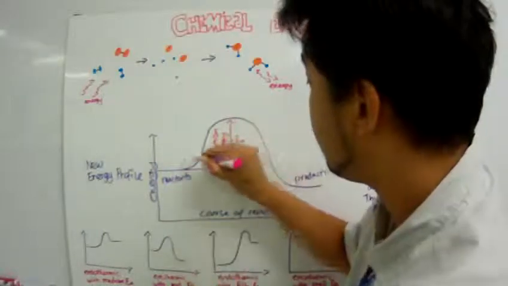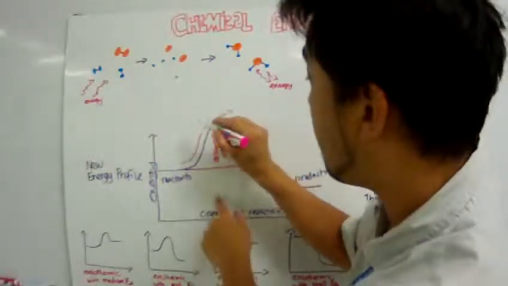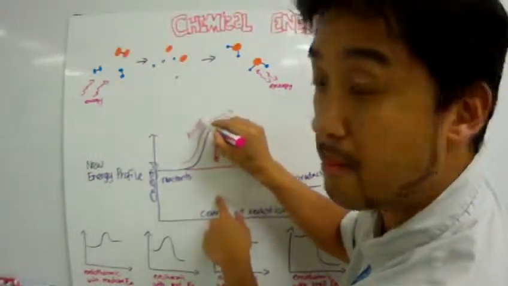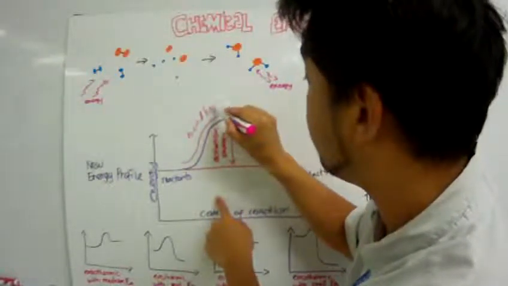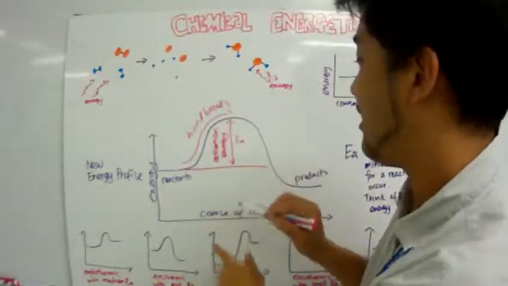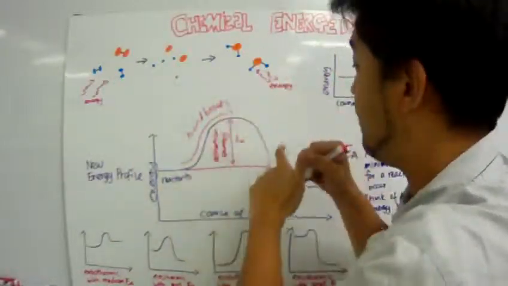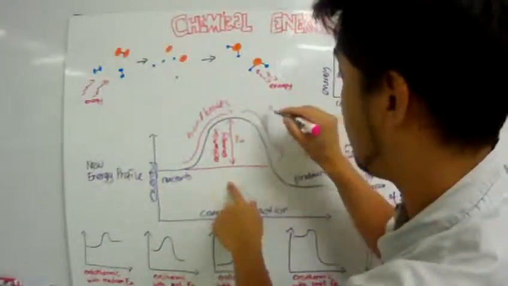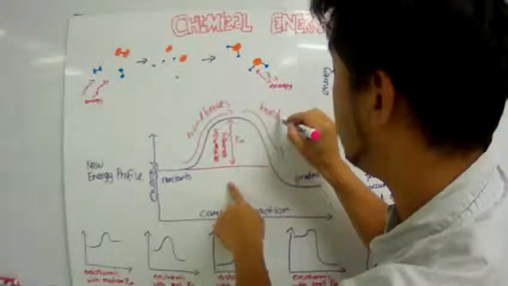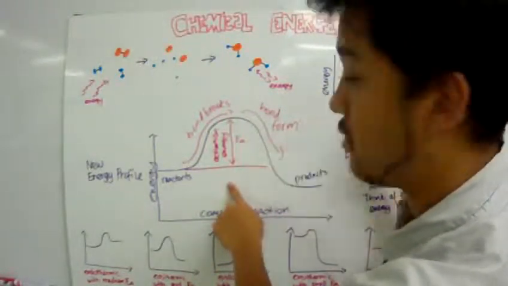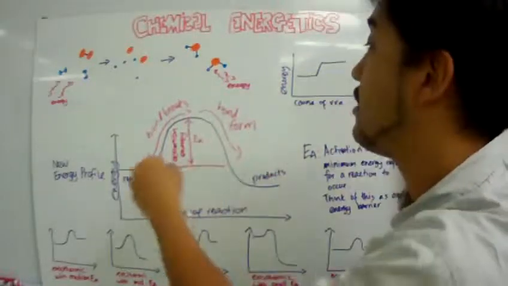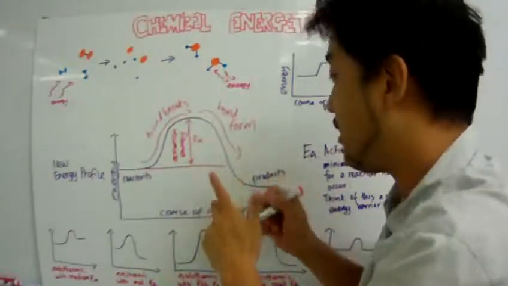So here, in this path, your bond is being broken. Bond breaks, okay? And when the bonds are reformed to make new substances, right here, during bond formation, when you form new bonds, energy is released, all right?